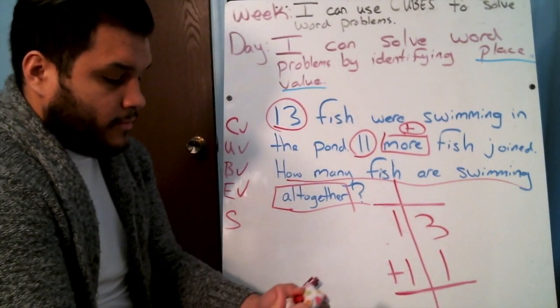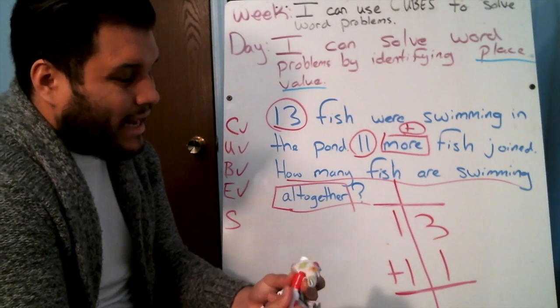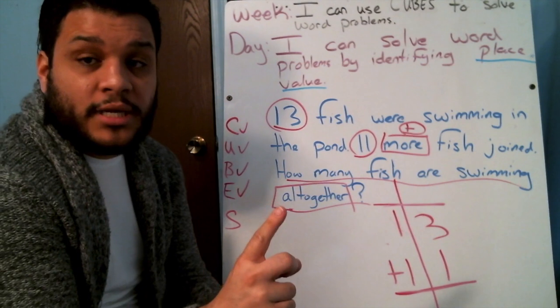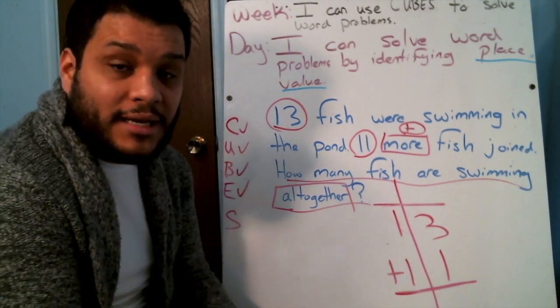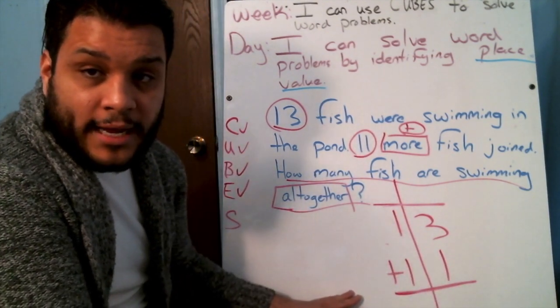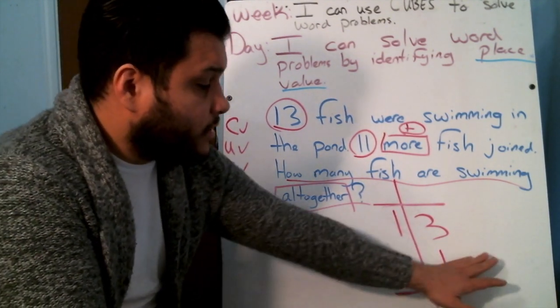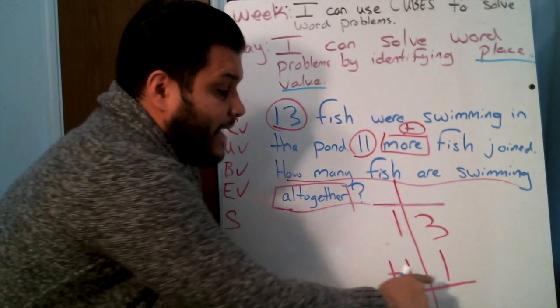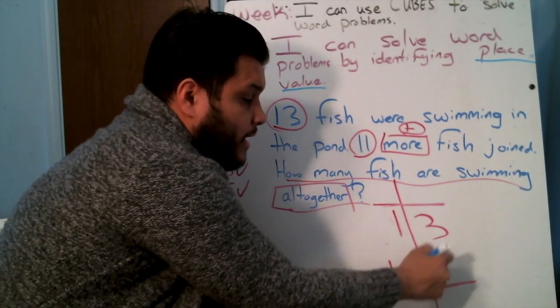Okay. If I remember, when I was doing my ones place, I said my ones place is always the first position in a number. And when we read numbers, when we're adding them, we read them starting from left to right. When we do our math work, we start from left to right. Okay, so that means that the first position that I have here is the 3 and the 1.